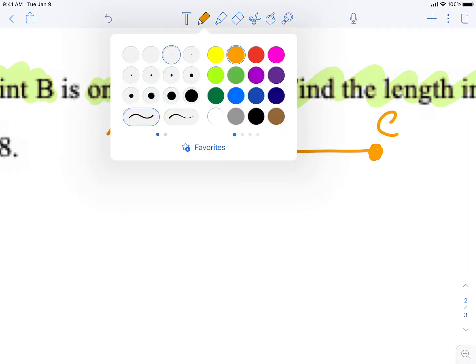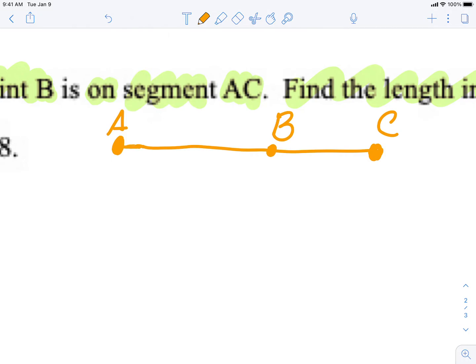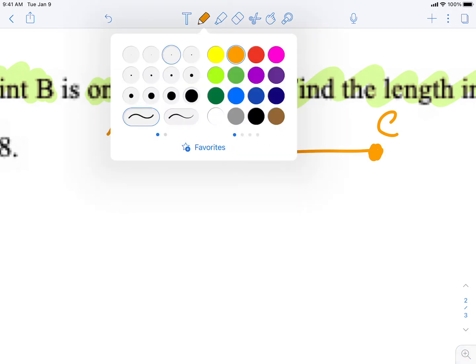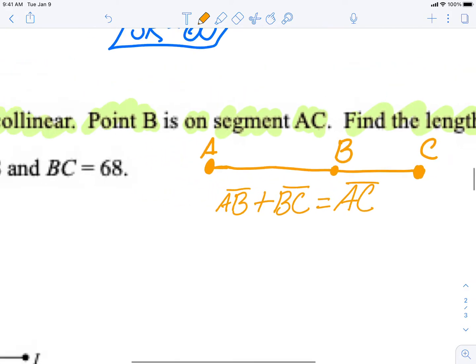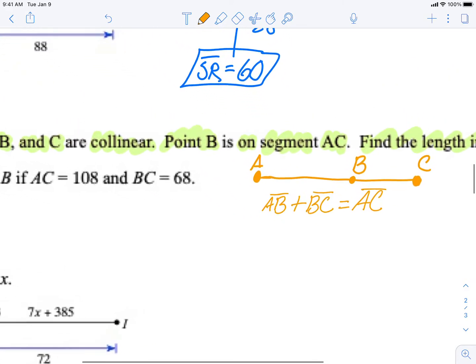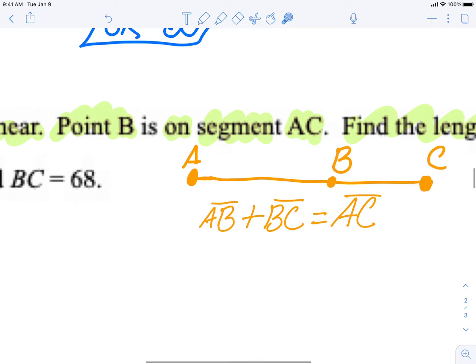Let me finish this actually. All right, I want it all the way through here. So let's write our setup. Short plus short, AB plus BC, is equal to long, AC. So now let's see what information we have. How much is AB?